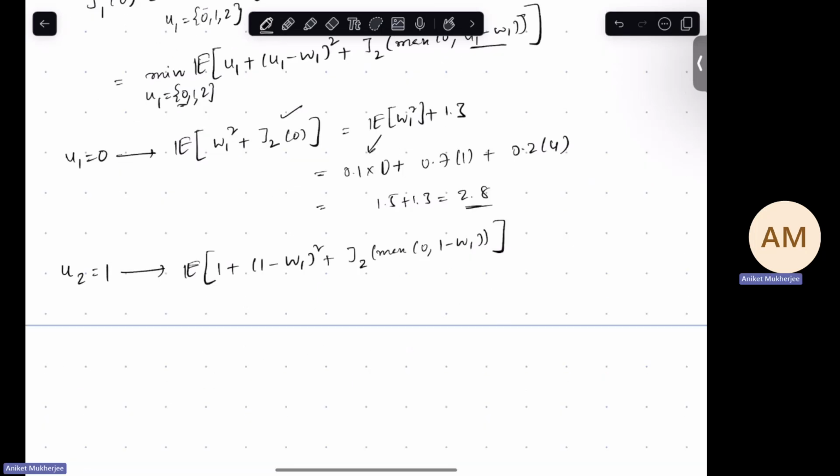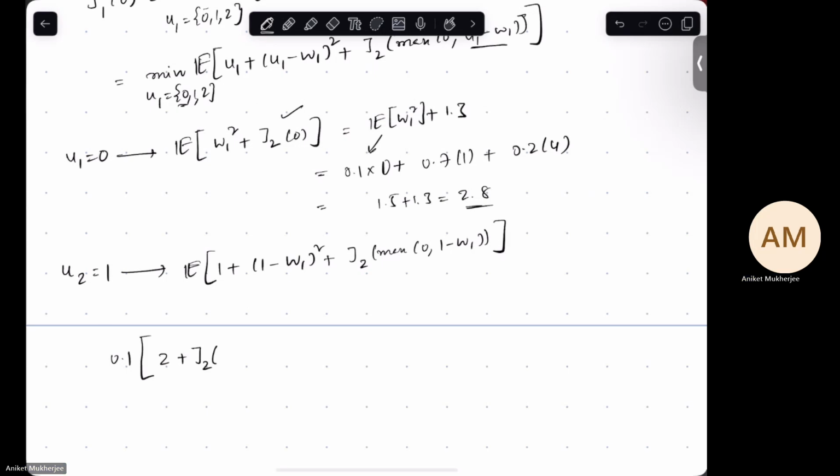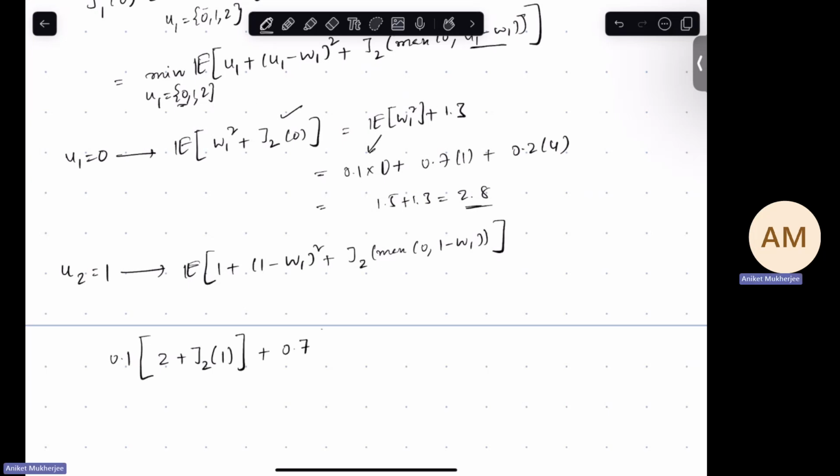So this is basically 0.1 into 2 plus J2 1, because if w1 is 0, this will be 1, so max will be 1 out of both, out of 0 and 1 minus w1.